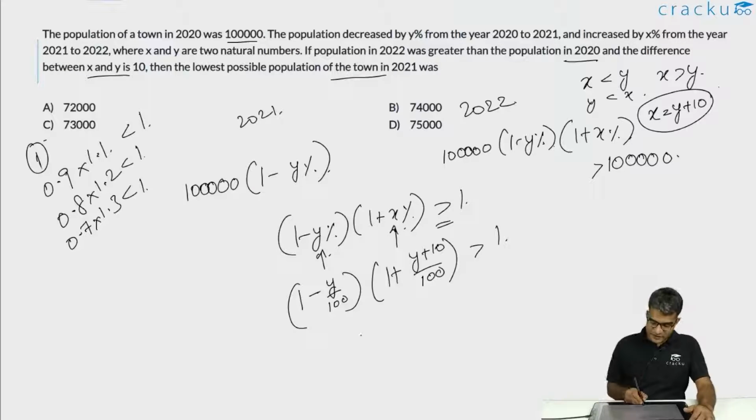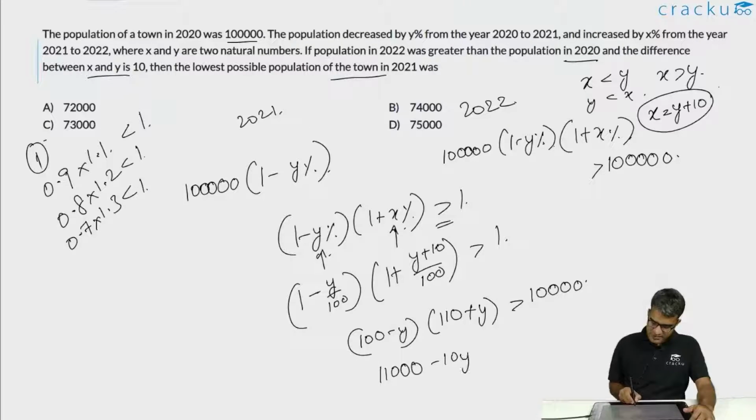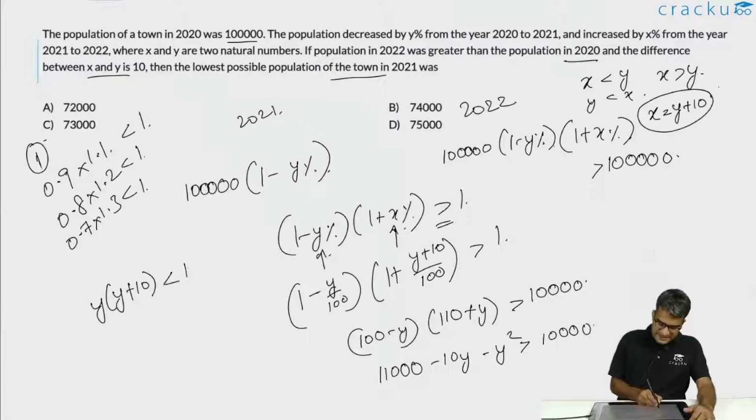Simplifying this, you get 100 minus y into 110 plus y is greater than 10,000. Or simplifying further, 11,000 minus 10y minus y square is greater than 10,000. Or the value of y into y plus 10 is less than 1000. This is the inequality that we have.